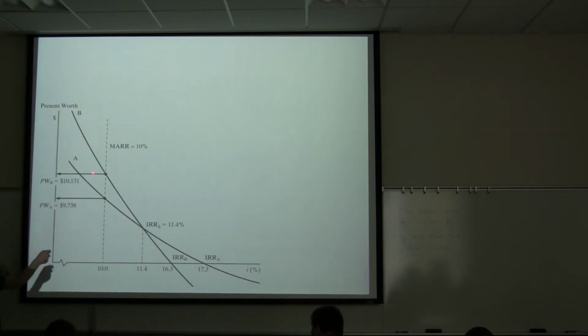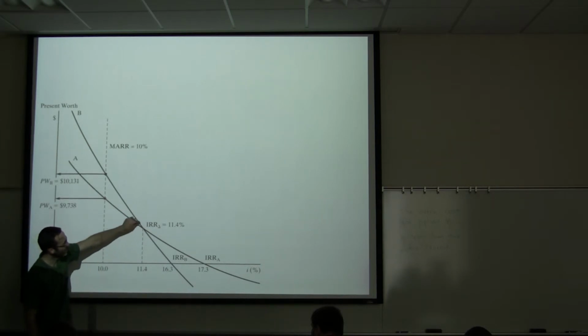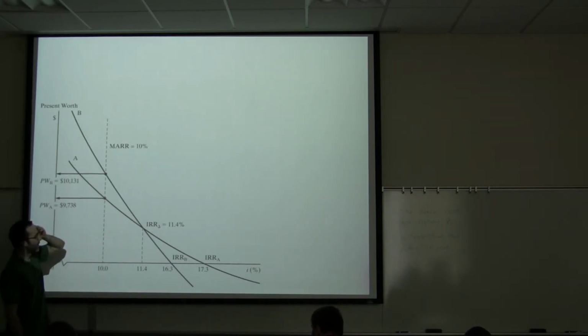But when we're discounting things at increasing interest rates, there's this crossover point at which the internal rates of return are the same and you'd have the same present worth. So if it costs you more money to borrow your cash than 10%, then another of the options may be better.